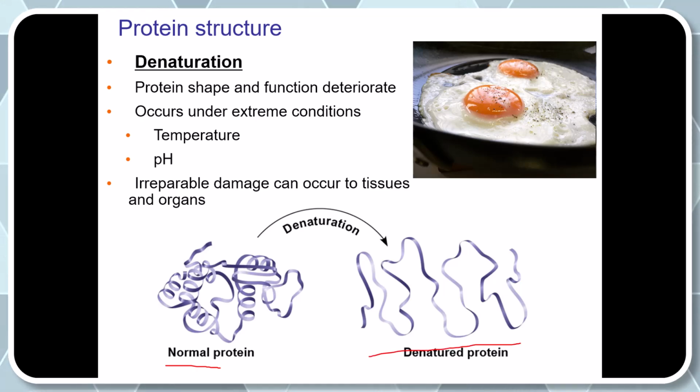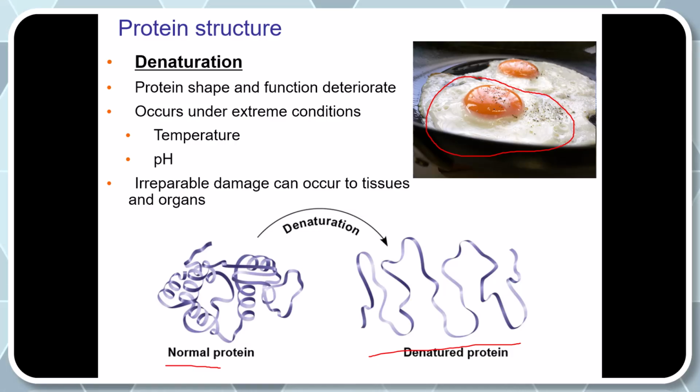Also, in this frying pan up here, these eggs, right? The ovalbumin in the eggs is denatured. So if you're making a cake, you would not put these eggs from the frying pan into your cake mix because it's not the same.